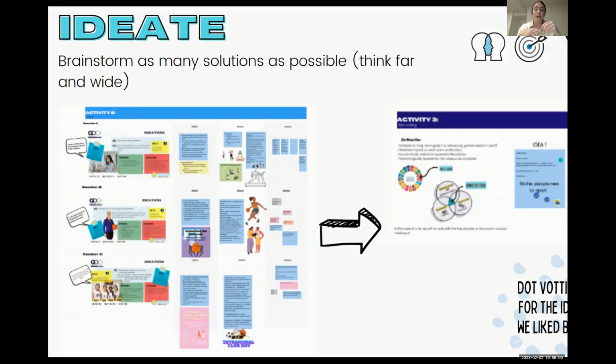By the end of our session, which took about an hour and a half, we came together, and through a process of dot voting, we selected which ideas would be the solution that we wanted to move forward in prototyping. So we got to vote on the ideas.